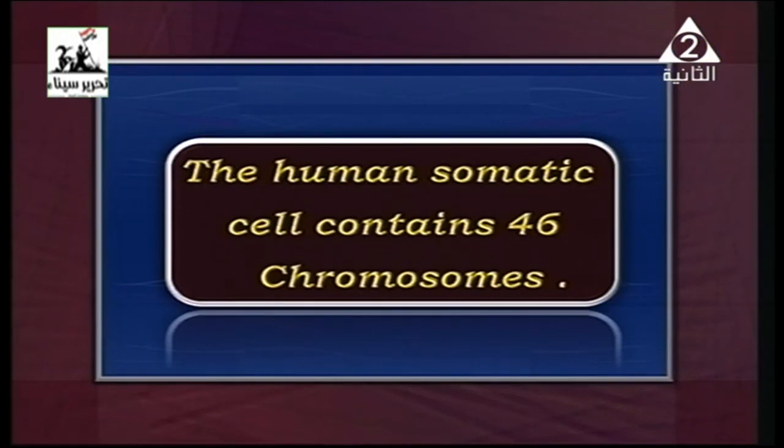The human somatic cells contain 46 chromosomes. Each somatic cell, each cell inside your body, contains definitely 46 chromosomes. Each one of them reflects one of your characters, one of your features, physiological, psychological, whatever, but it already exists.